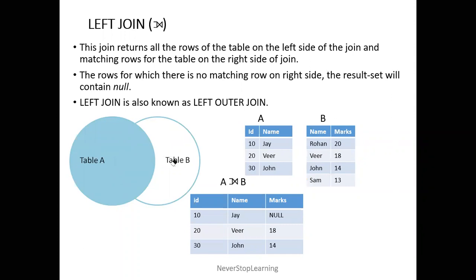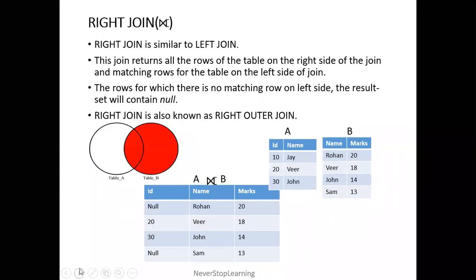Let's understand the next join, that is right join or right outer join. Right join is similar to left join. This join returns all the rows of the table on the right side of the join and matching rows for the table on the left side of the join. So it's just the opposite.